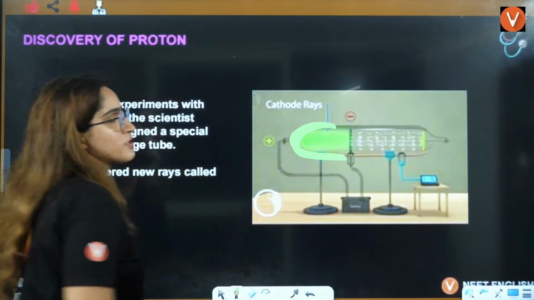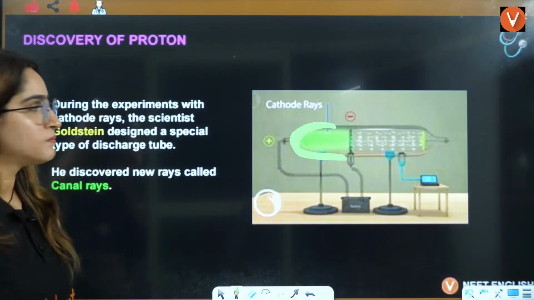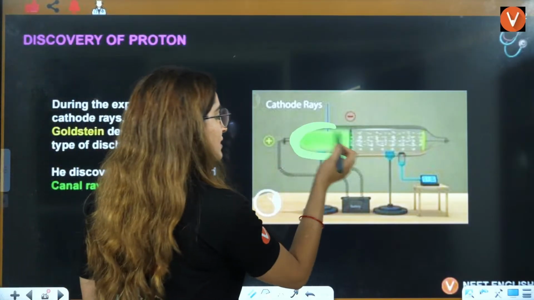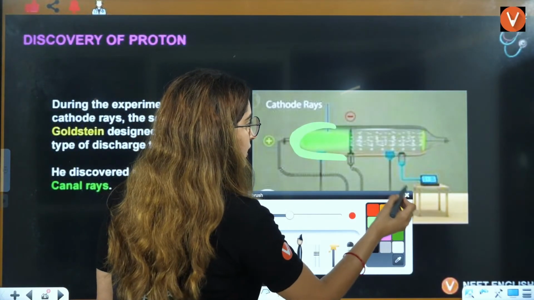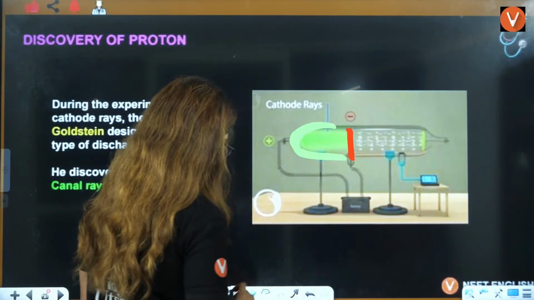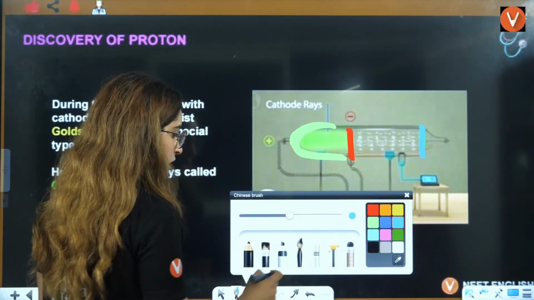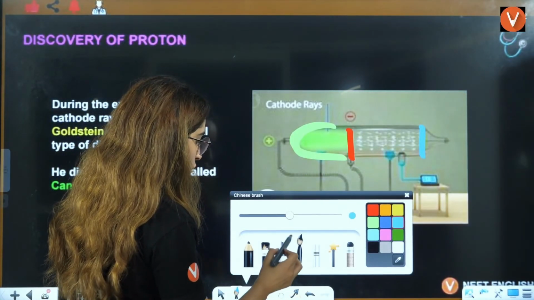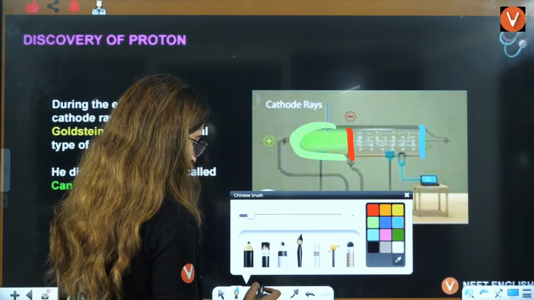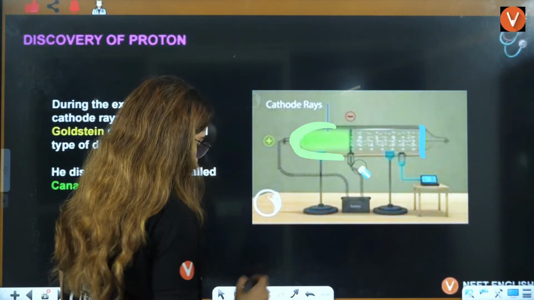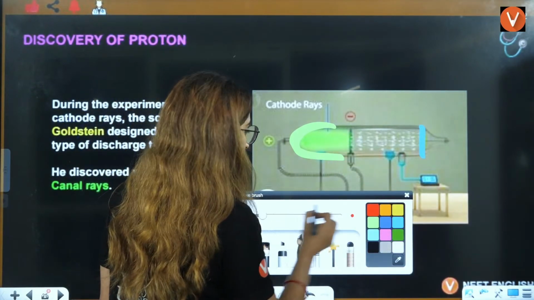This was the fluorescent screen, and here you can see the glow on the fluorescent screen. This is the cathode, this is the anode. Now this anode was perforated.